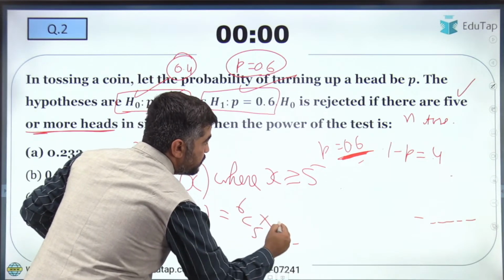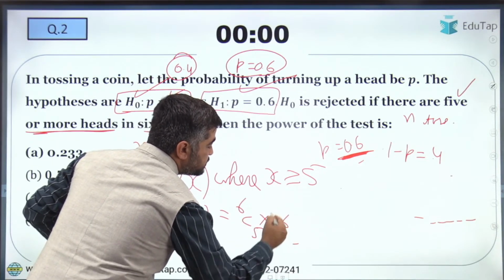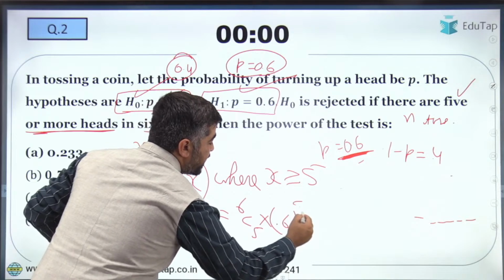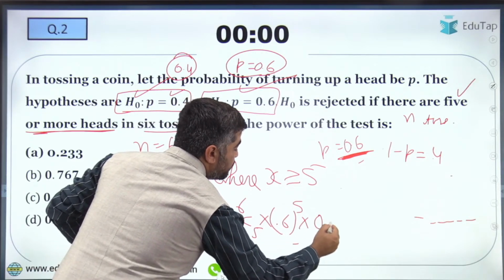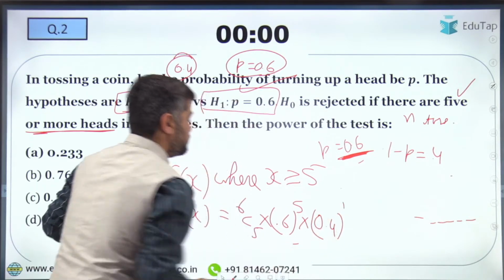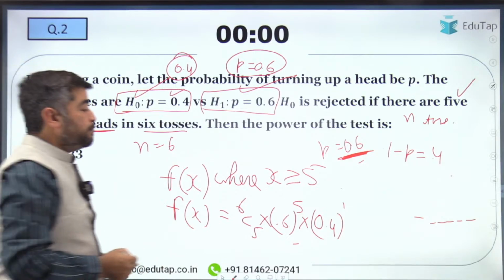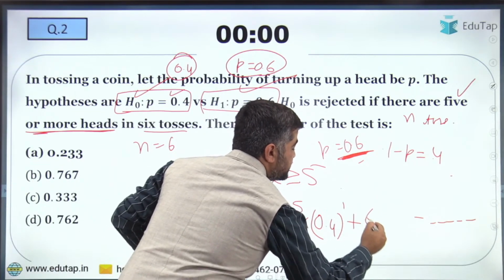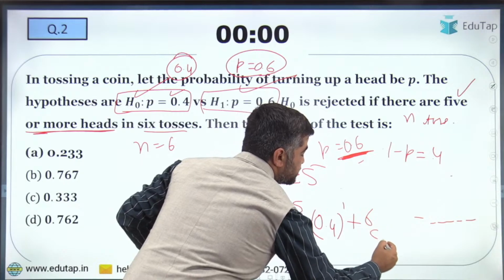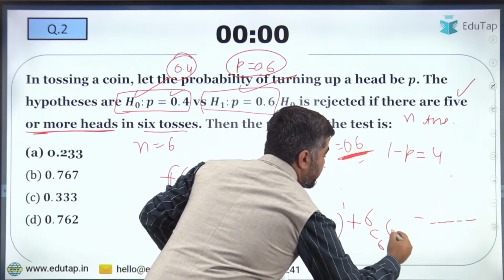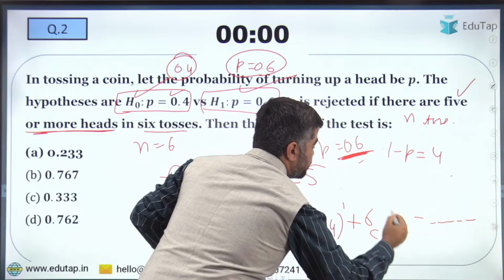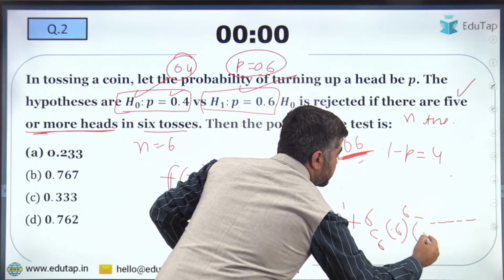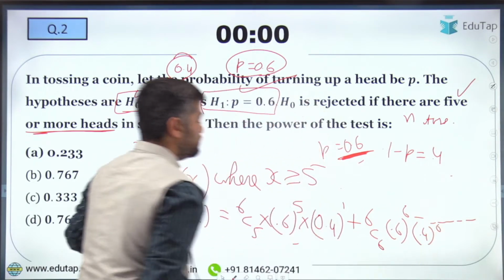6C5 into 0.6 raised to power 5 into 0.4 raised to power 1, plus 6C6 into 0.6 raised to power 6 into 0.4 raised to power 0.